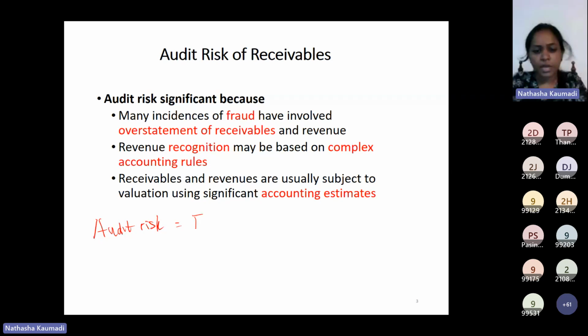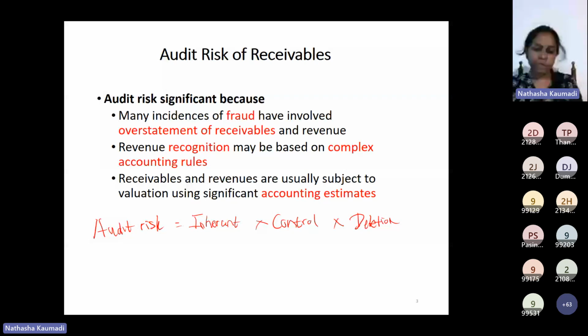You can take inherent risk, and then you can take control risk, and you can take detection risk. Okay, so in simple terms, audit risk means the risk of giving an inappropriate opinion on the financial statements. That is the basic meaning of audit risk.